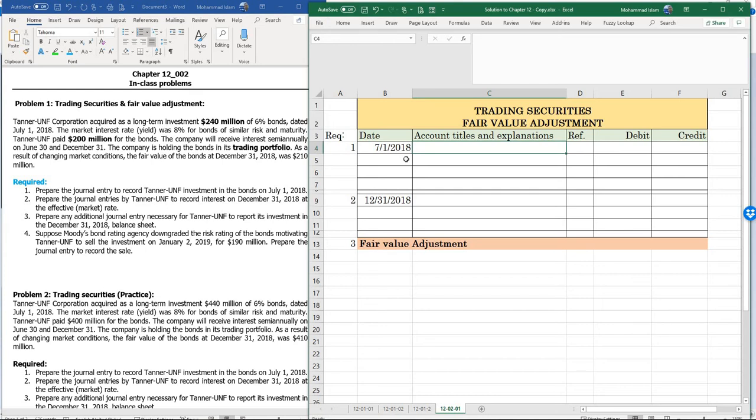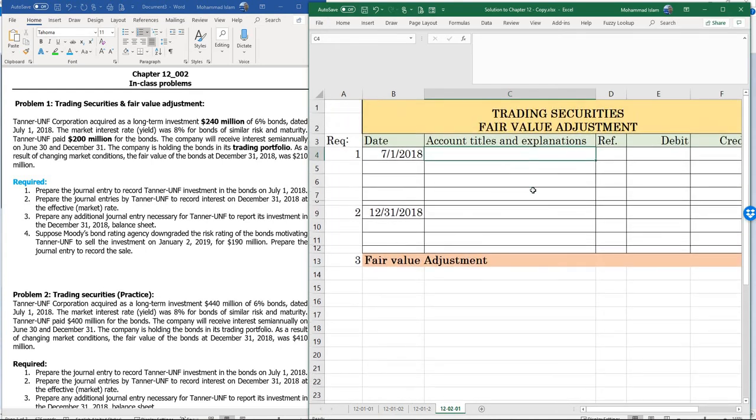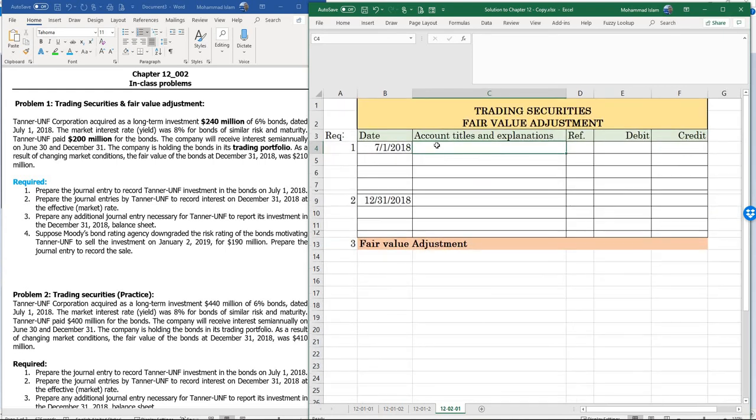The first one: prepare a journal entry to record the investment on July 1. So here is the Excel template. Let's see how to record the investment on July 1st. It should be very easy. Investment in bonds, the face amount, and it should be 240 million. I am writing all the amounts in millions.